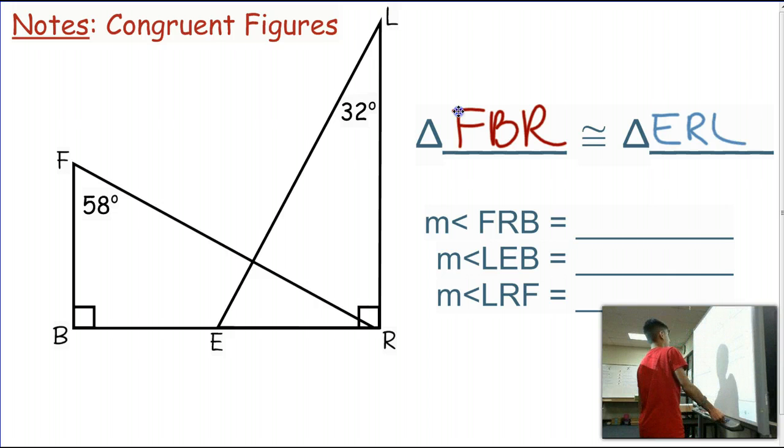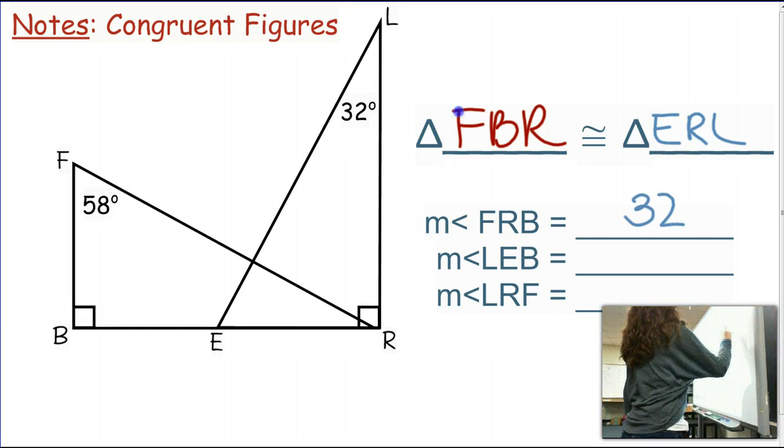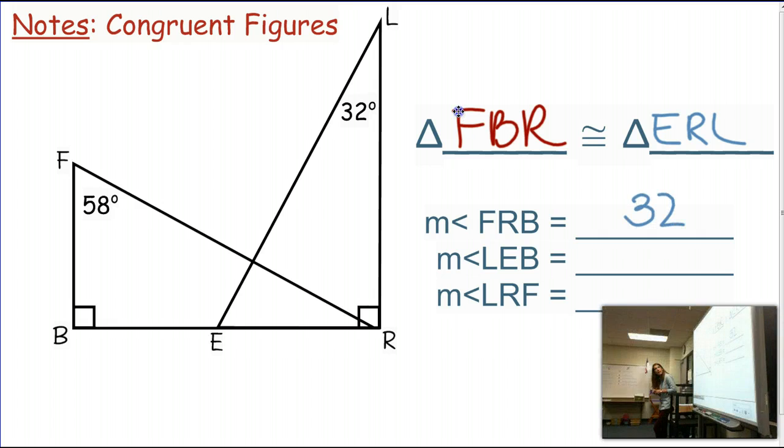FBR is congruent to ERL. Good. Earl. Yep. You're first, Madison second, Hubble third. FRB, 90 minus 58. Cool.